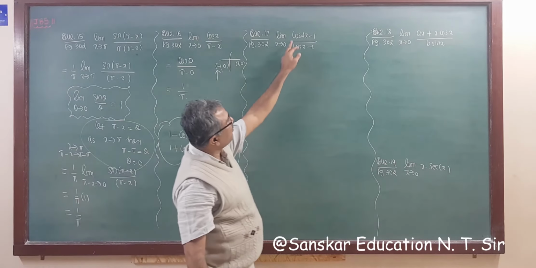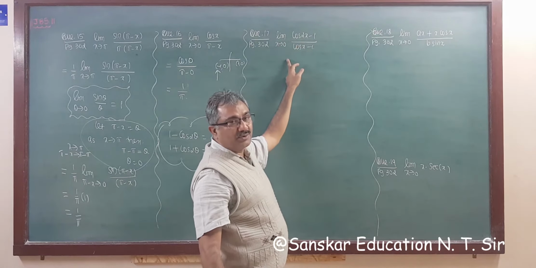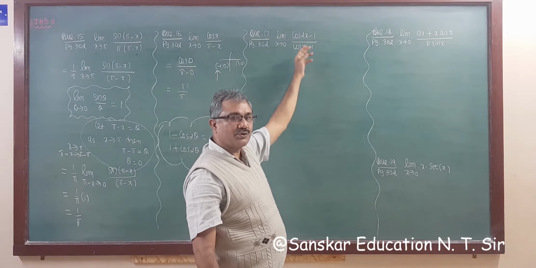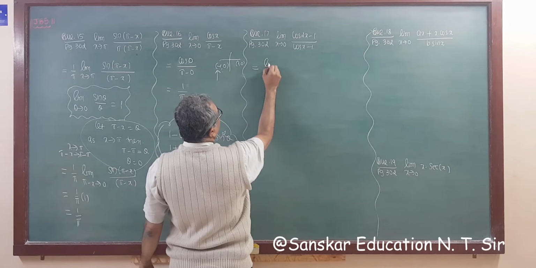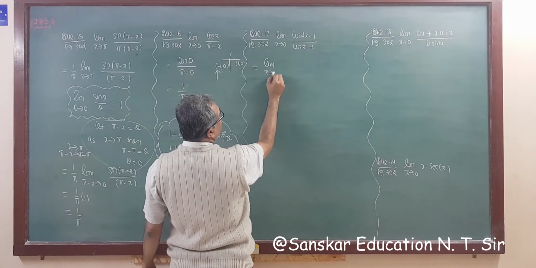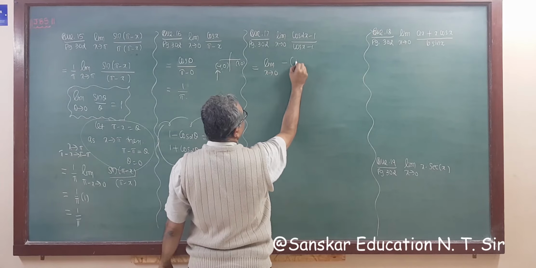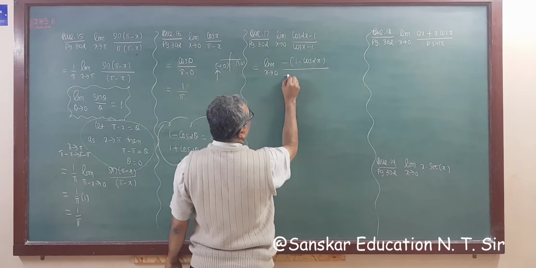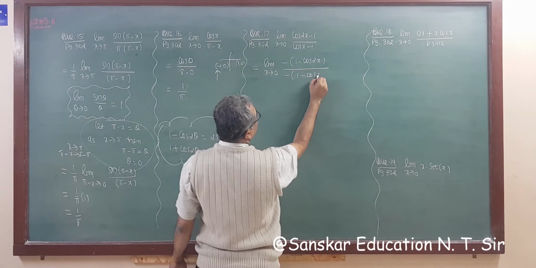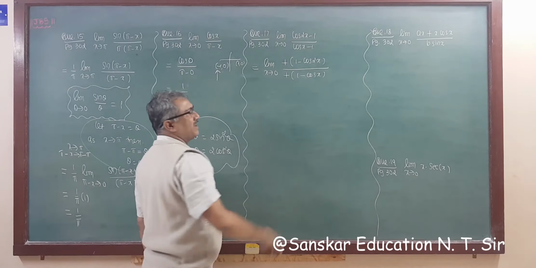So here it is given cos 2x minus 1, and in the denominator also cos x minus 1. So taking minus common from numerator and denominator both, we get limit x tends to 0, minus 1 minus cos 2x whole upon minus 1 minus cos x. This minus minus becomes plus.